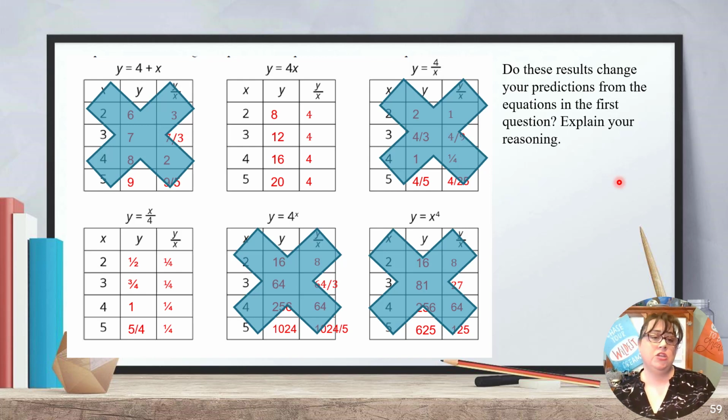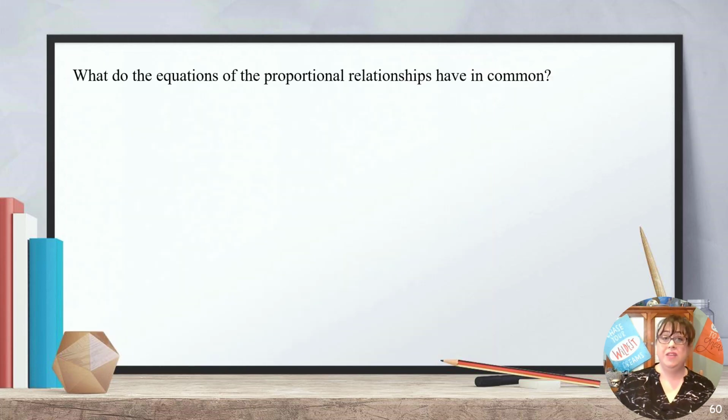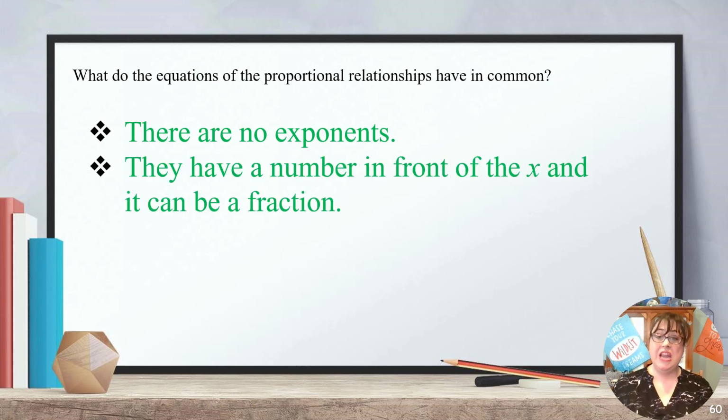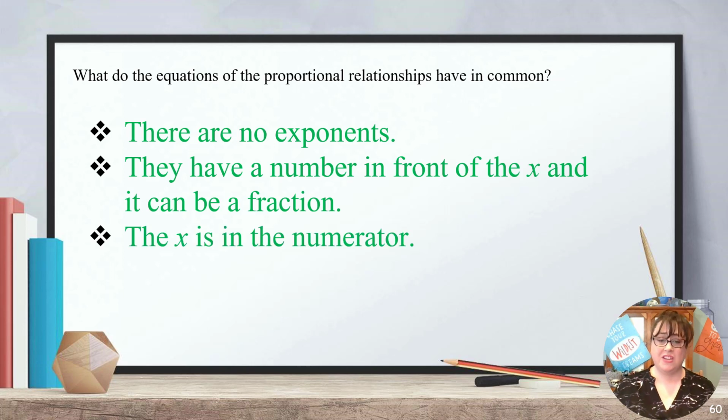So some things to note. This right here did not work because it was 2 terms. This one did not work because our x was in the denominator. And these ones aren't working because we have exponents. So what do the equations of proportional relationships have in common? There's no exponents. They have a number in front of the x, and it can be a fraction.